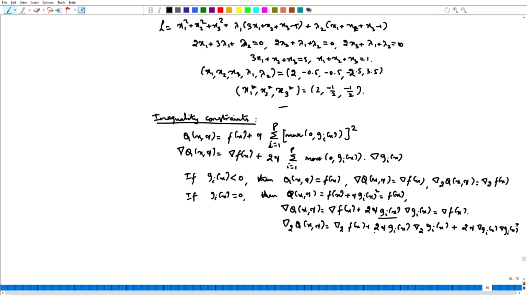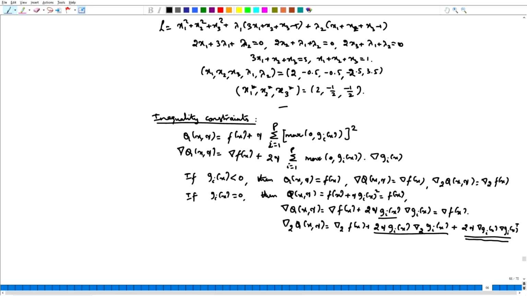This term becomes 0, agreed, because gi of x is equal to 0, but this term does not become 0. When you come from gi of x negative to gi of x equal to 0, this final term 2 gamma del gi of x del gi of x transpose will be 0. But if you come from the positive direction, you will have this particular term 2 gamma del gi of x del gi of x transpose.